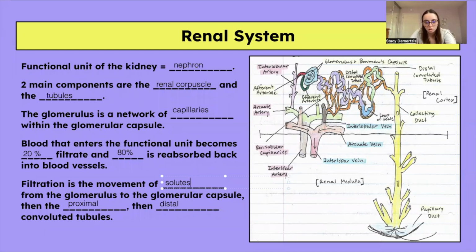These solutes want to be filtered out, and this is where we get this end product of 20% becoming filtrate, and then we think about urine formation and excreting waste. So I can see why you put waste, but then 80% is just blood that's going to be reabsorbed back. So good job answering these.